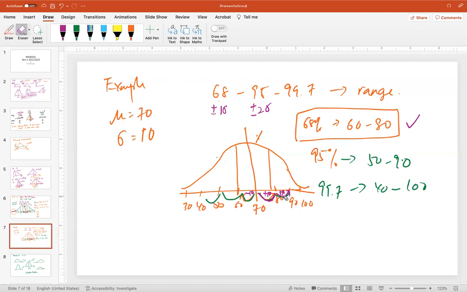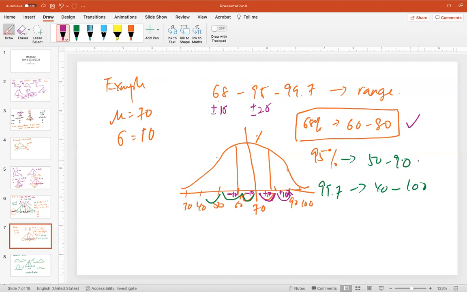So it becomes 90, right? For this part, you have to minus another 2 times 10 because there will be 2 standard deviations.